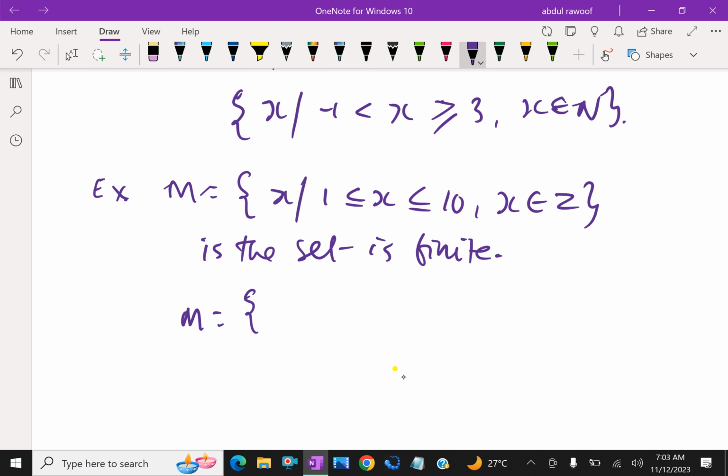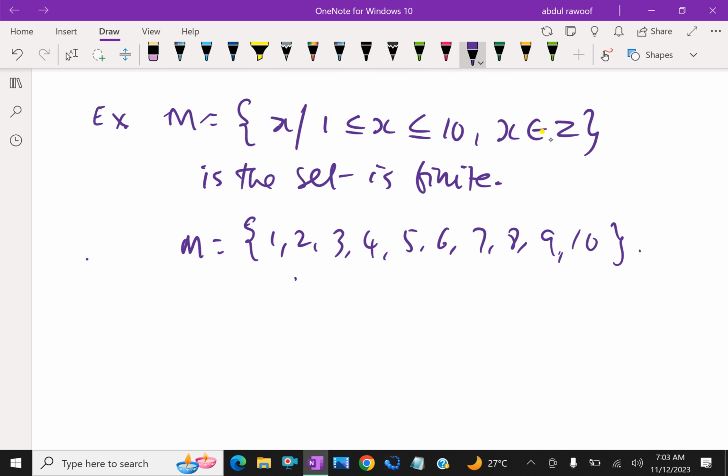M equals x is greater than or equal to 1 and less than or equal to 10. That means it is 1, 2, 3, 4, 5, 6, 7, 8, 9, 10. Of course, it's finite because the set is limited. Finite means it's not continuous.